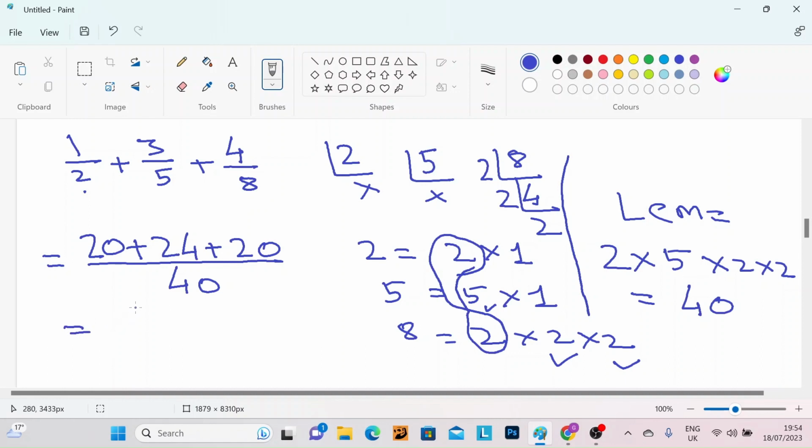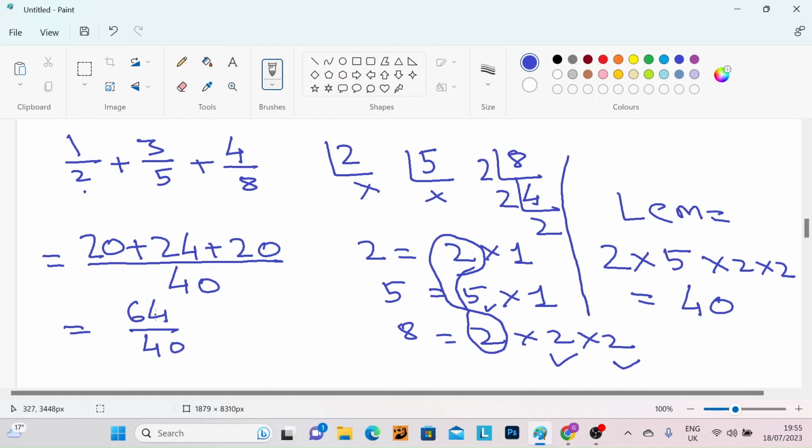Therefore, we get 64 in total by 40. We can reduce this fraction by dividing both the numerator and denominator by 8.